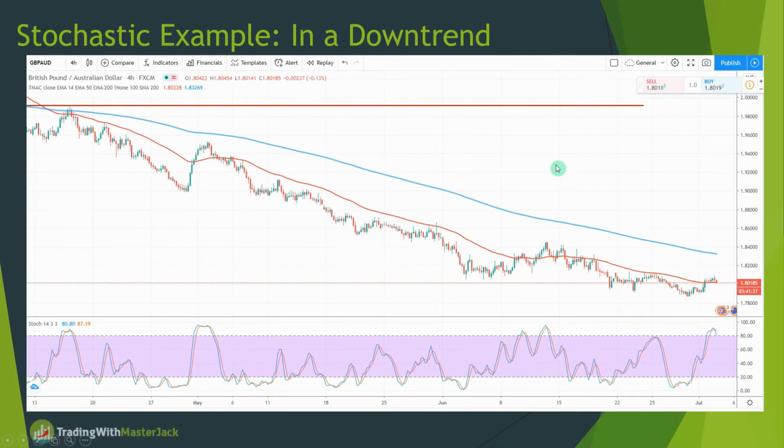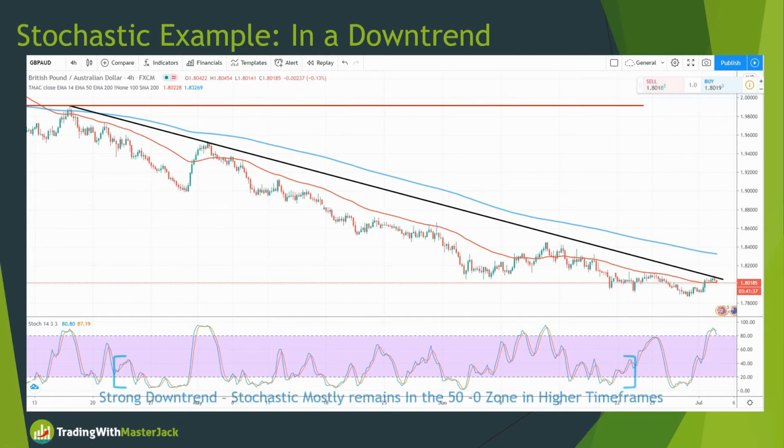Let's look at a more zoomed in example, if you can say, using the stochastic in a downtrend. Over here we've got our dynamic trend line showing our downward price direction, and there is our stochastic momentum here. In a strong trend, the stochastic mostly remains in the 50 to 0 zone in the higher time frames.